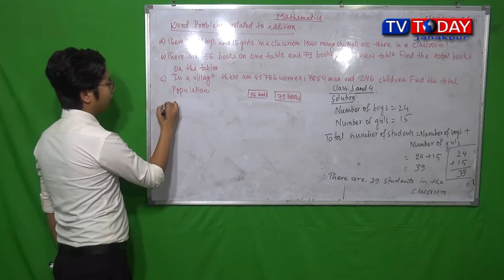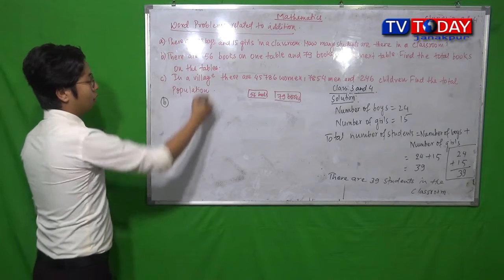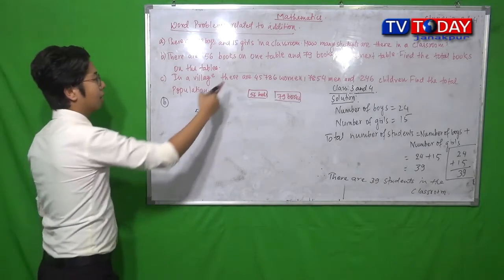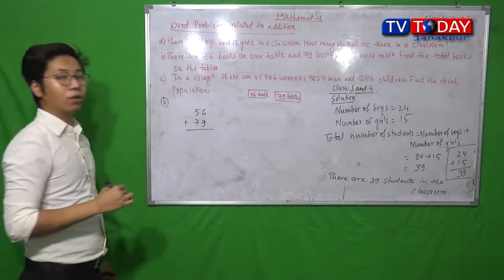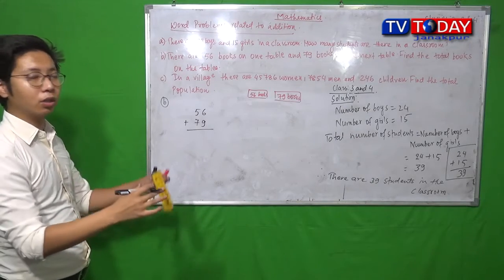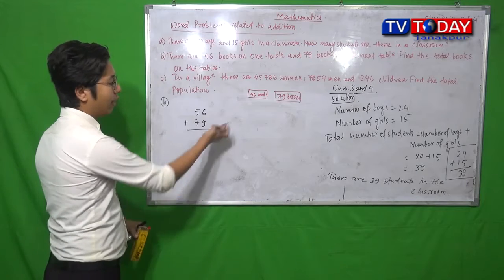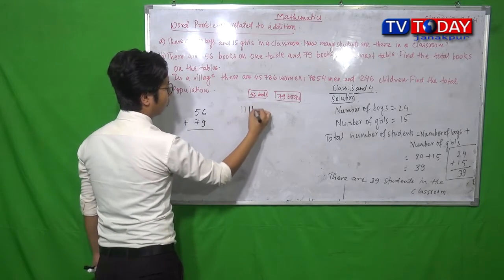For question number B, 56 books on the one table and 79 books on the other table. You have to find the total number of books on both tables. Then you have to do what? Addition. Now perform your addition from the right side. Here is 6, so draw 6 sticks: 1, 2, 3, 4, 5, 6.